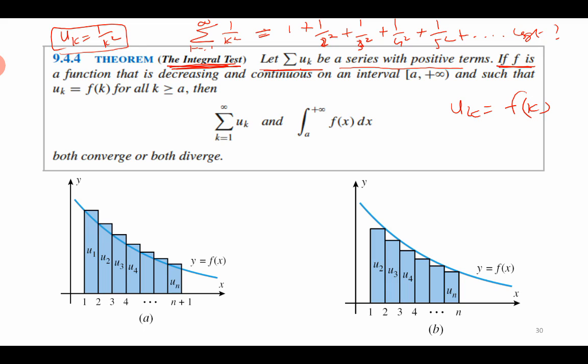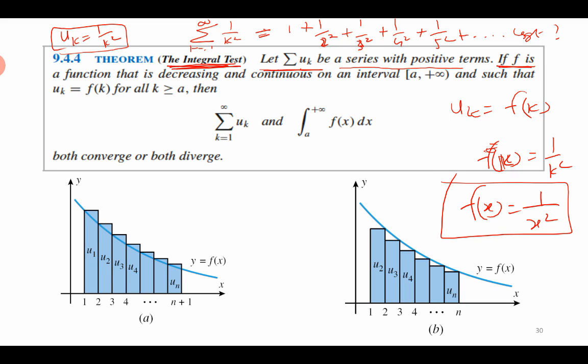Therefore f of k is 1 over k square. You can take it as a function f of x now, instead of k use x. This is f of x equals 1 over x square. uk becomes f of k.